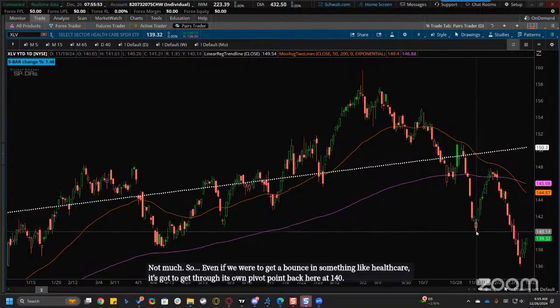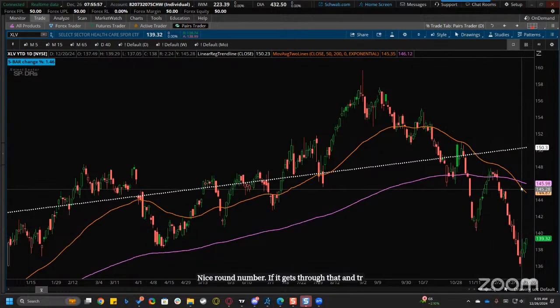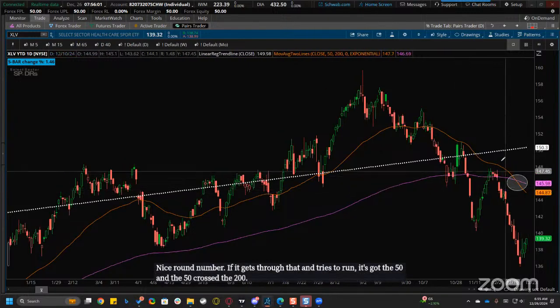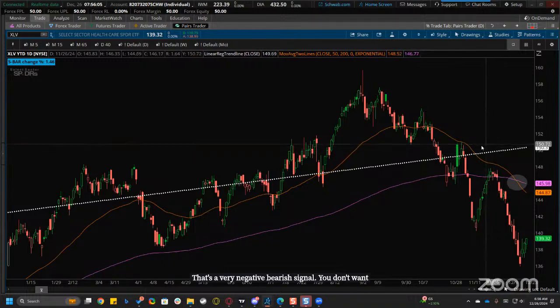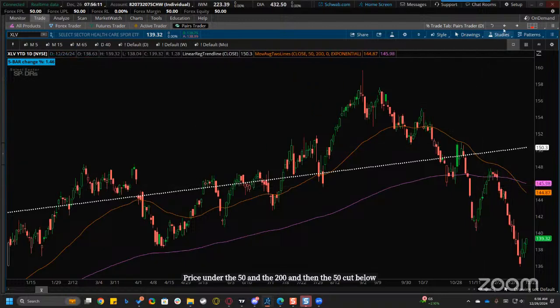Nice round number. If it gets through that and tries to run, it's got the 50, and the 50 crossed the 200. That's a very negative, bearish signal. You don't want to see on a daily chart price under the 50 and the 200, and then the 50 cut below the 200. That's a bad deal.